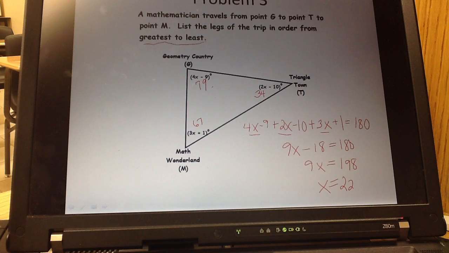So going from Triangle Town to Math Wonderland, T to M is going to be my longest length. My next longest is going to be G to T, Geometry Country, to Triangle Town, because it's the next bigger angle. And the smallest angle is 34, so the side opposite it is GM. So there's greatest to least. If they said least to greatest, it would just be reverse order.